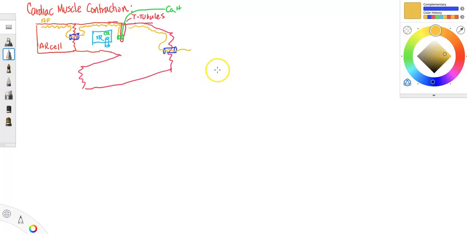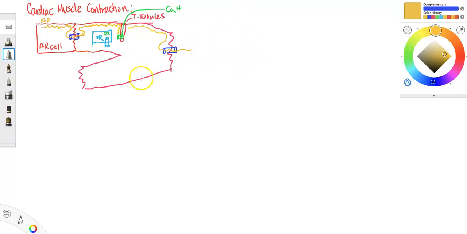So the interesting thing about this is that because the calcium can come from the extracellular fluid, the sympathetic nervous system can actually, through the use of epinephrine and norepinephrine, create more channels within the T-tubules of the contractile cells that can allow even more calcium into the cell.